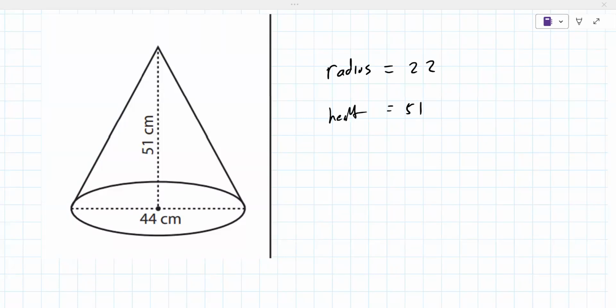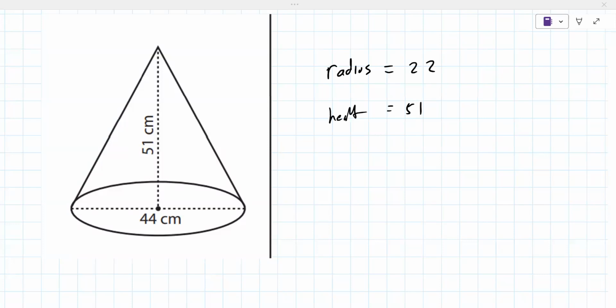Let me try that again. So 25,835.92. Okay, good. Very good.